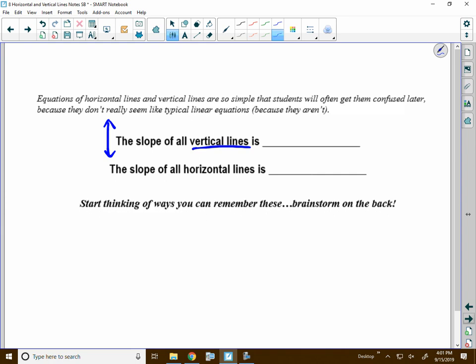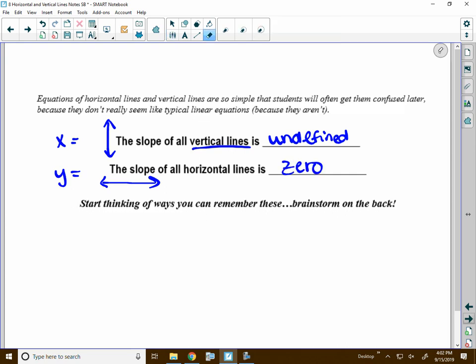The slope of a vertical line is undefined. And this is going to be an x equals equation because it's going through the x-axis. Our horizontal line is going to be a y equals equation, going from left to right, and it has a slope of 0. If it helps you, think of slope dude.